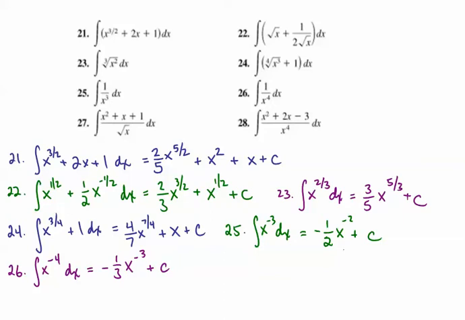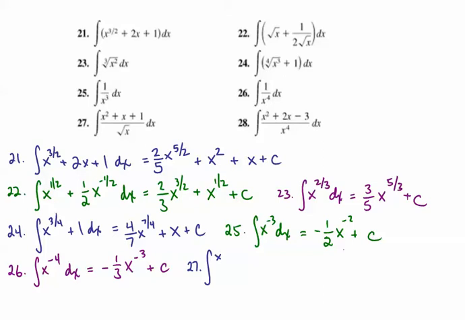Number 27. Alright, for number 27, what we're going to need to do first is simplify this. It looks scary the way it is there. We're just going to simply divide each term in the numerator by the square root of x, and then separate each of them. So 27 is going to be written as x squared over the square root of x.